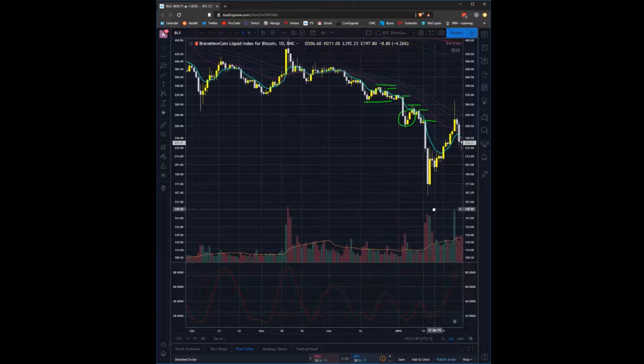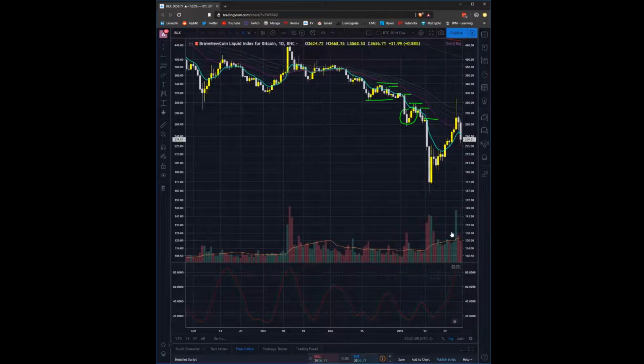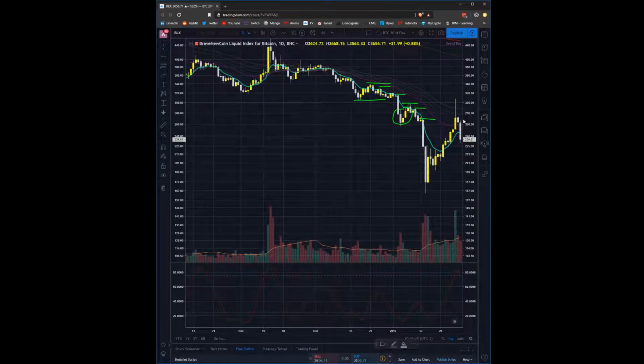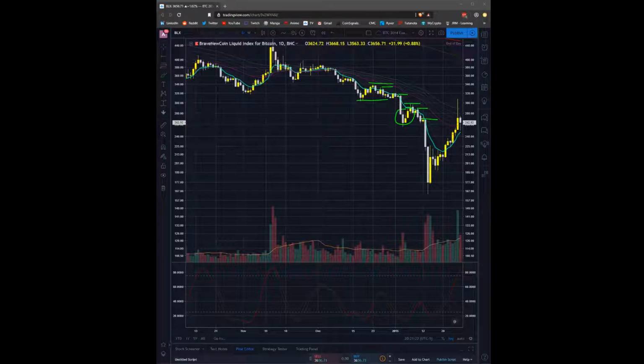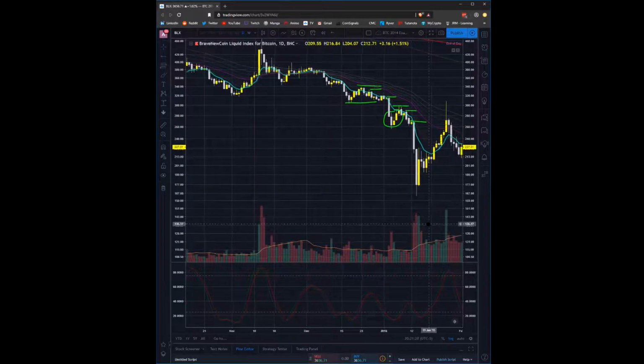Right, and then you get a cycle cross, another setup. Right, topping tail setup. So that would be a stop of about 20%. So you can risk like what was it, 10,000? Yeah, you can risk up to $10,000 there. Take profits when your cycle gets low.